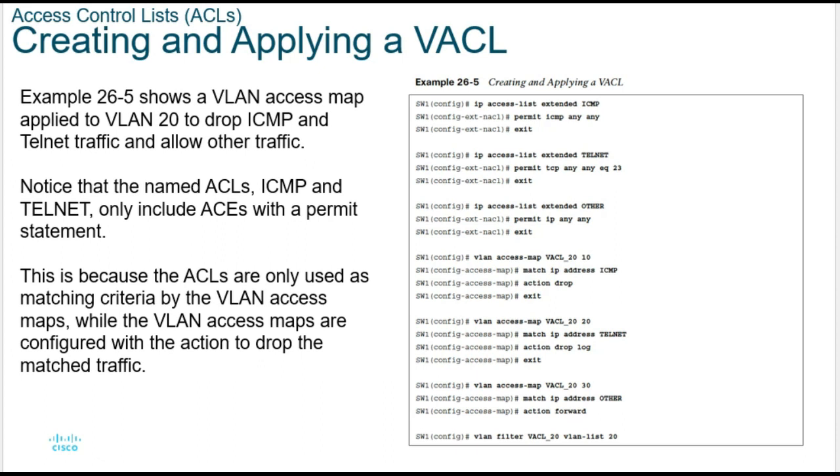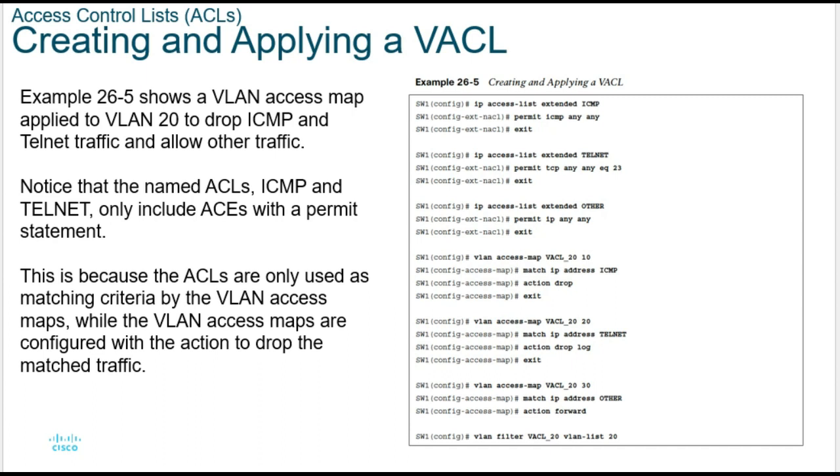And what is the action when there is a match? The action is drop. So instead of if we use the ACL, we can use permit and deny. So here sebenarnya kita nak deny traffic that is coming from ICMP, and another example is Telnet.